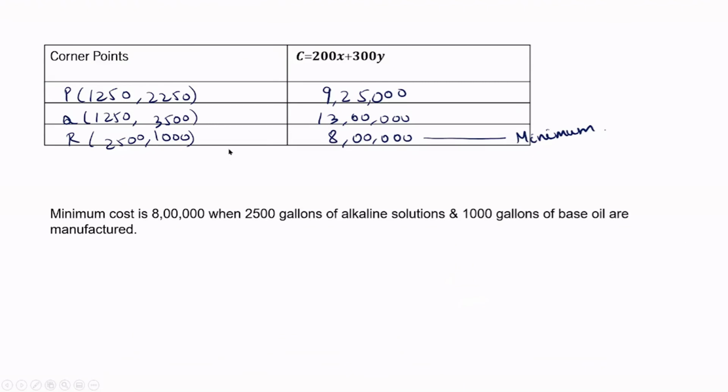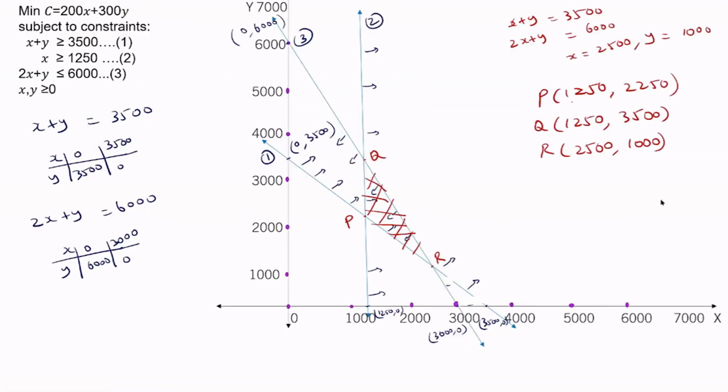So here we can see that the minimum cost is rupees 8 lakhs when 2500 gallons of alkaline solution and 1000 gallons of base oil are manufactured. So here in this question, formulating the given linear programming problem carries 1.5 marks.